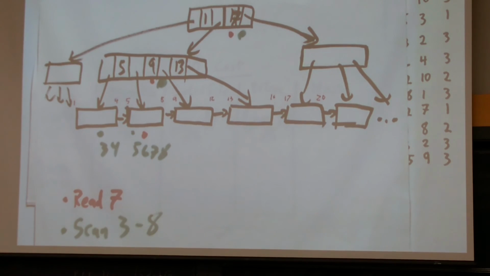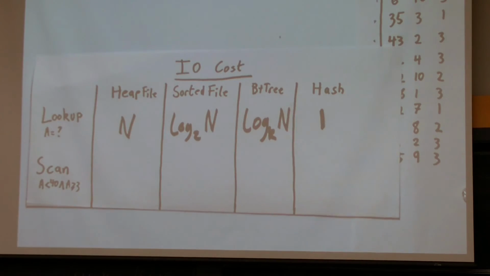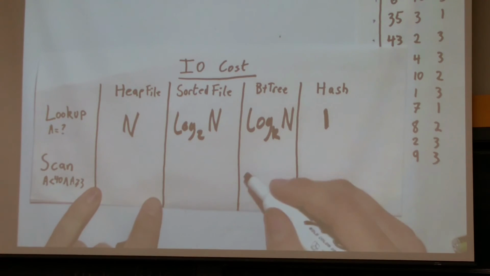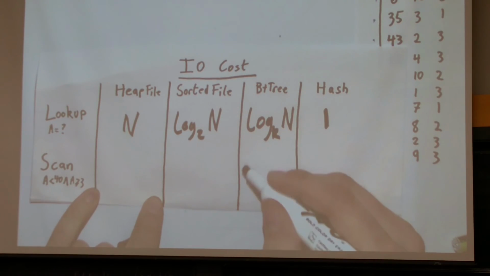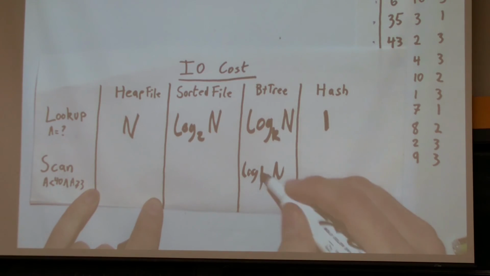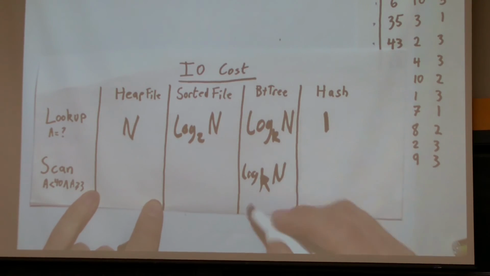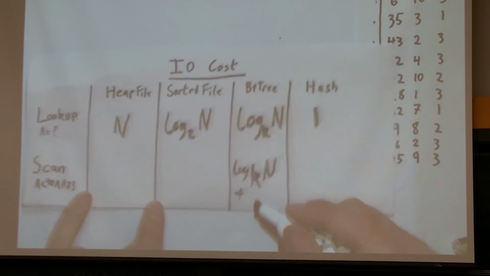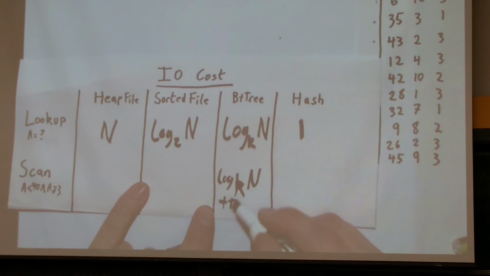And I know exactly when I've hit the end. So in order to do a scan over a B tree index, I need to do log k to find the start, but then I'd also just need to add the number of pages that I actually need to return.